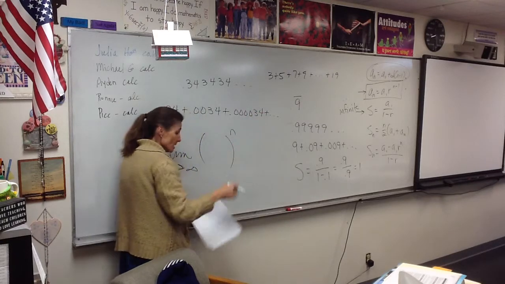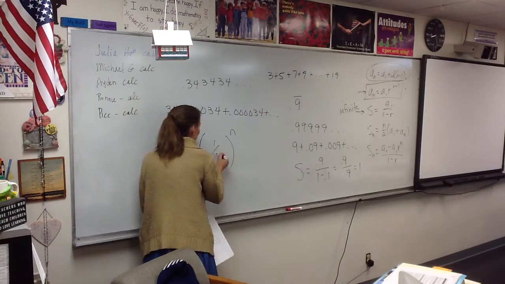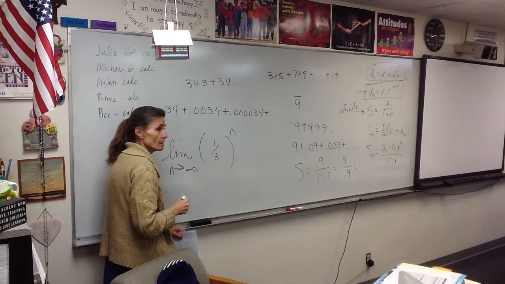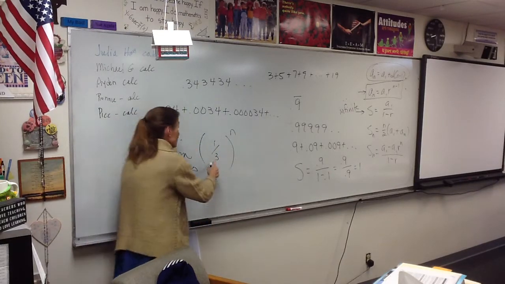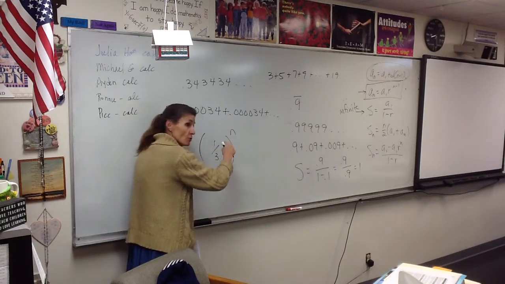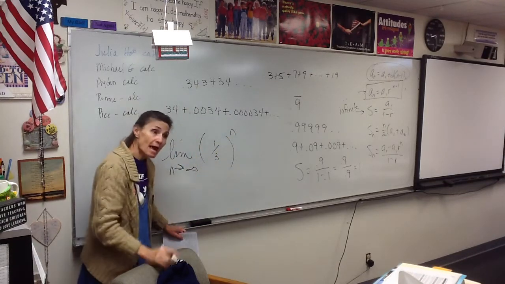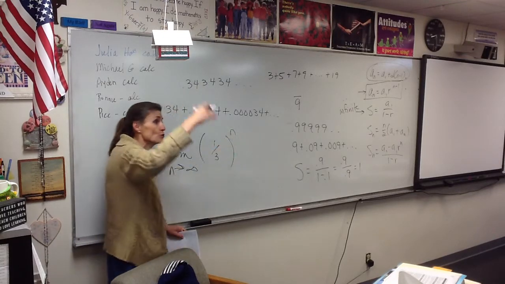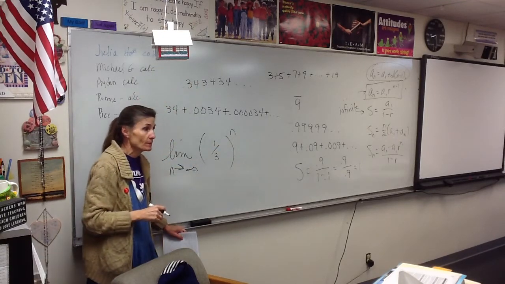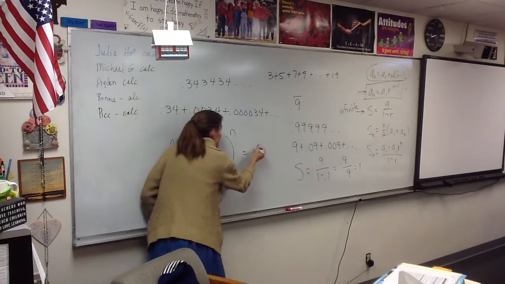So for example, the first one, that's a 1/3. So you're taking 1/3 to the first, and then 1/3 to the second, 1/3 to the third, 1/3 to the fourth. Tell me what's happening to your answers as you take 1/3 to bigger and bigger powers. It's getting smaller. The limit is 0.